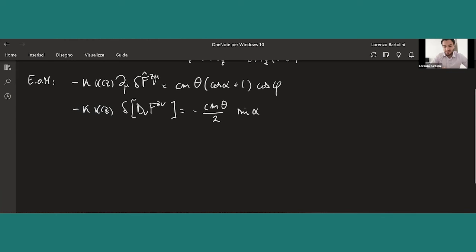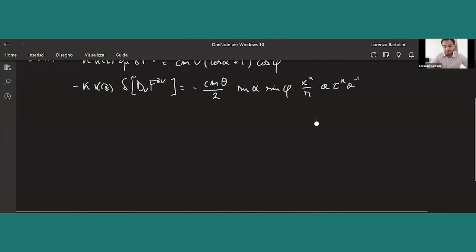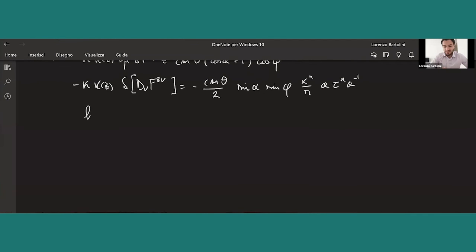So sine of alpha, sine phi, xk over r, a, to the -1. Then we have another equation, which is h of z, equal to 0, and then we have 2 more.